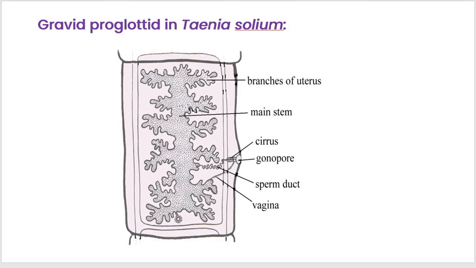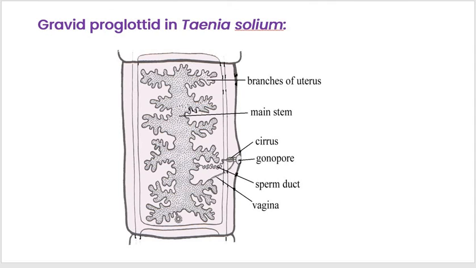Now the 200 just below the neck are considered immature and there is no sexual maturity. Whereas the other 400 to 450 are considered mature and have matured male and female reproductive organs, and therefore they make the organism hermaphrodite, right?